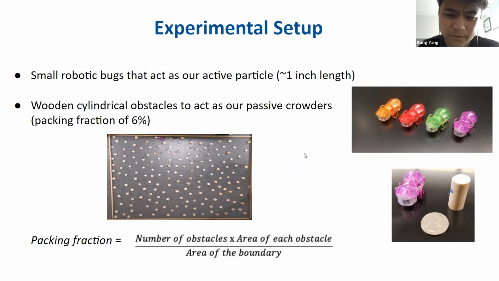One key important factor in this experiment is the packing fraction, which is the number of obstacles or barriers in our boundary multiplied by the area of each obstacle divided by the area of the boundary. We found that we can have a packing fraction of up to 6% in order to have the robotic bug not get stuck very easily.